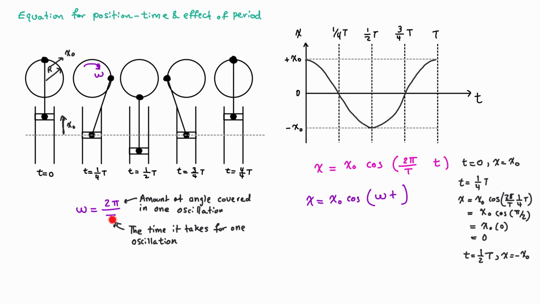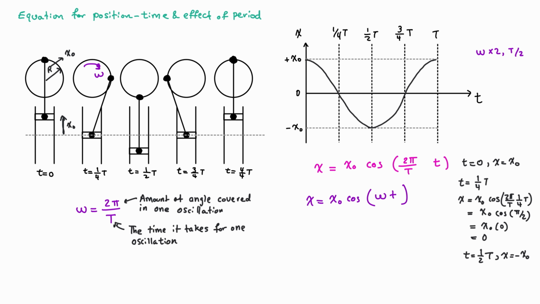This makes sense within the equation as well, because if the period decreases, based on this equation, the angular speed will increase. And if that angular velocity increases, let's say omega is multiplied by a factor of 2, that would mean the period is divided by 2.